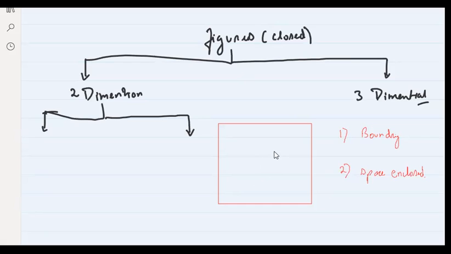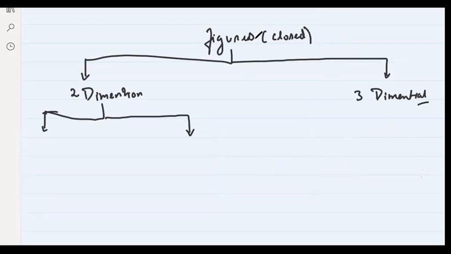Any two-dimensional figure will have both a boundary and space enclosed. Agree? Yes, exactly, very good, Ragini. So any two-dimensional figure will have two different kinds of measurement. One is its boundary, and second is its space enclosed.